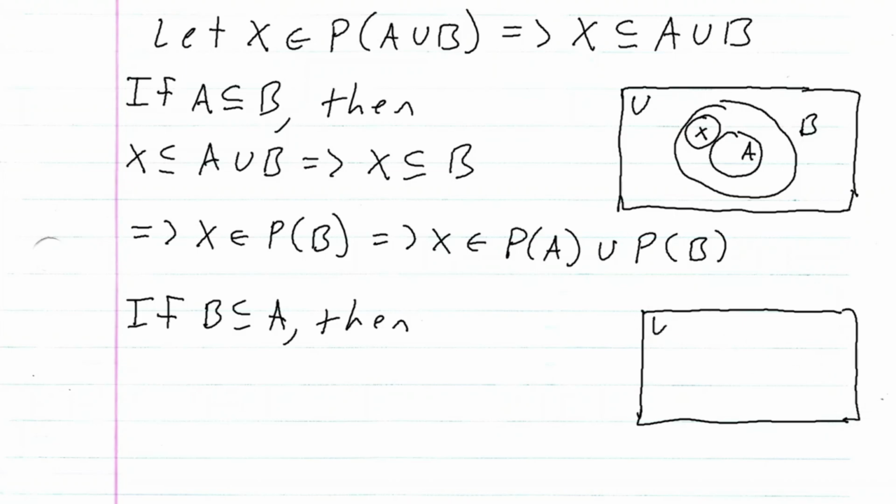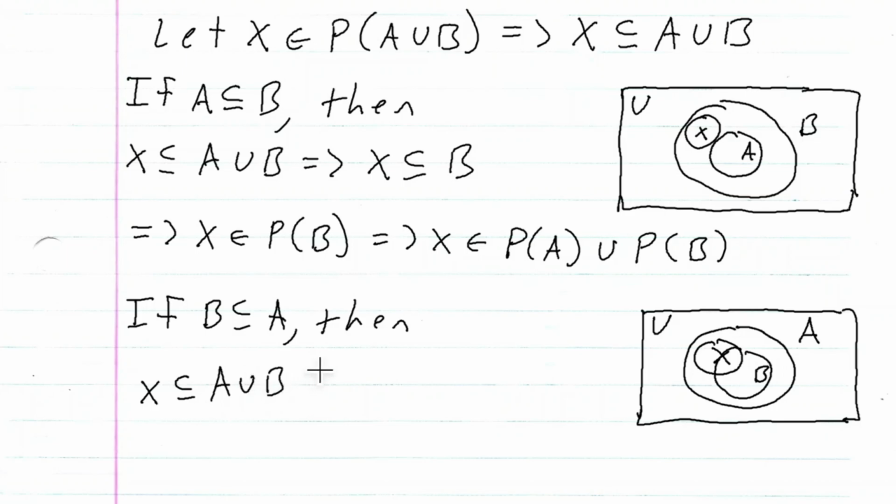Okay, so we have this universal set, and we'll have B this time be the subset of A. So I have this big old set be A, and the set inside be B. Well, notice regardless of where we put X, if X is a subset of A union B, this will imply that X is a subset of A, right? Because A union B in this case is equal to A whenever we have B being a subset of A.